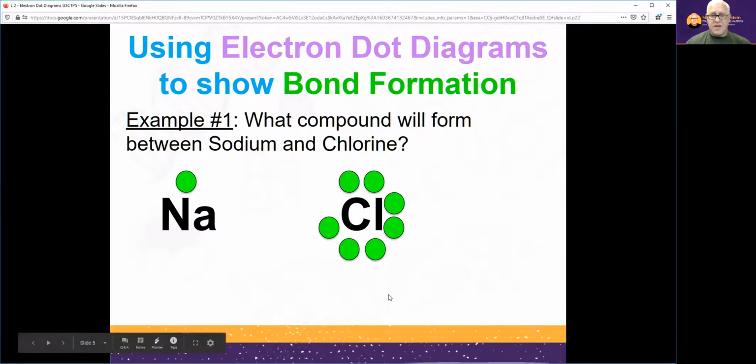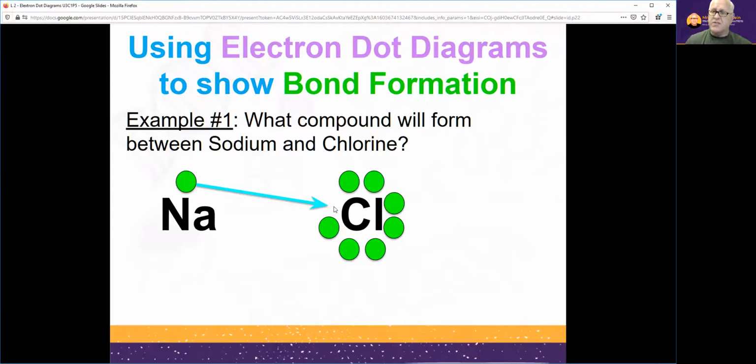And so with this kind of diagram, it's pretty easy to see that we're only going to need one sodium atom to bond with chlorine. And this is going to be illustrated by just drawing an arrow into the open space. This is also why it's important that you set up metals on the left, nonmetals on the right, so you can have that space available.